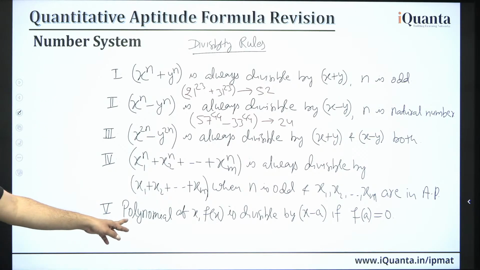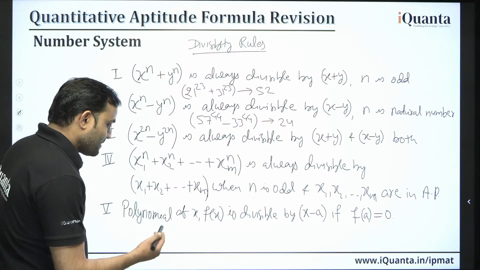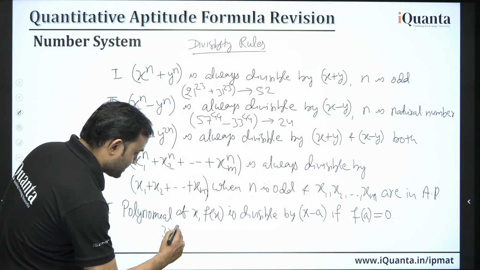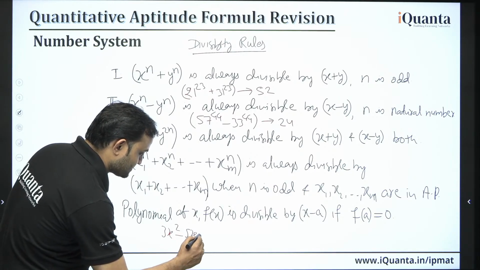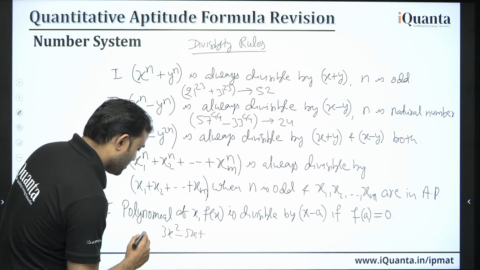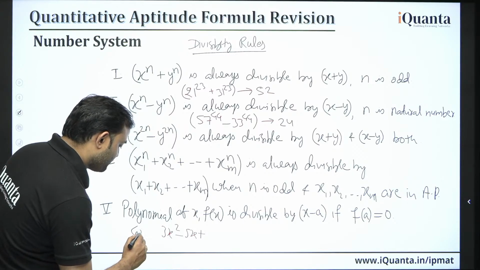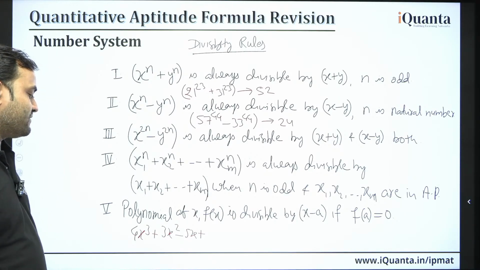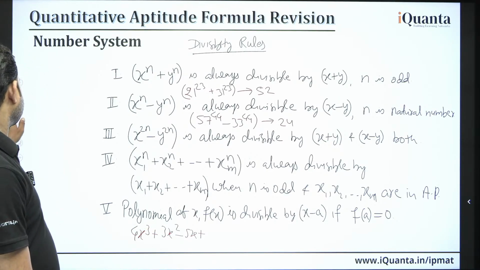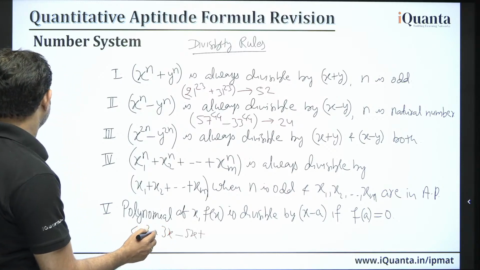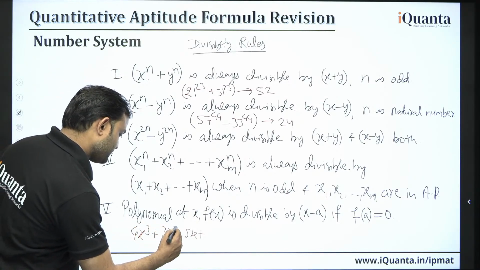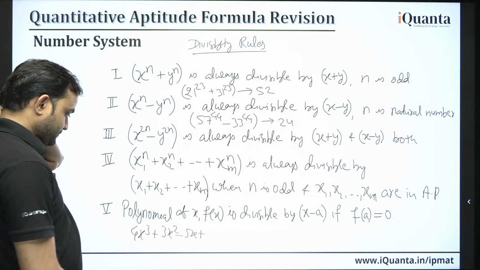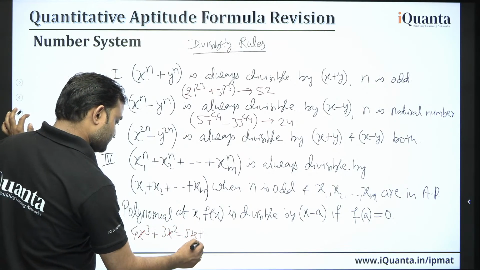Rule 5, polynomial of x. See, suppose there is an expression: 4x³ plus 3x² minus 5x minus 2.